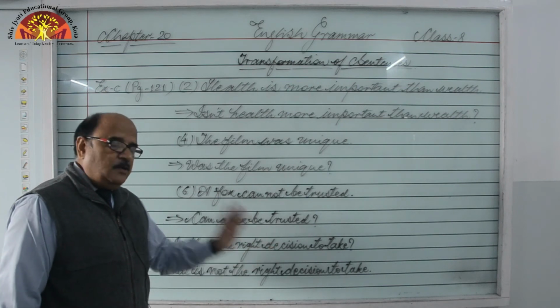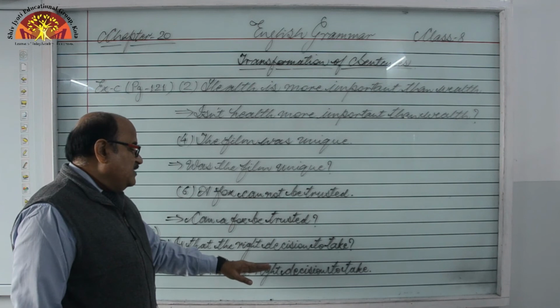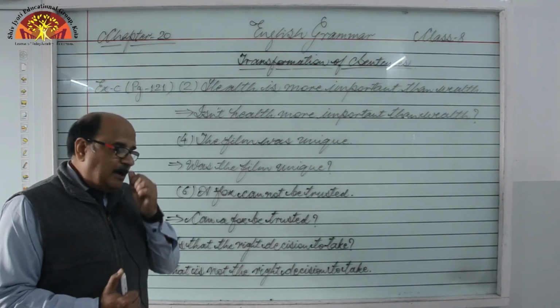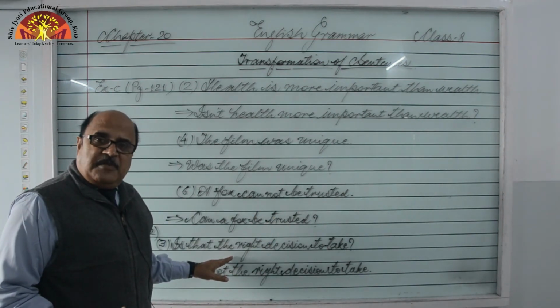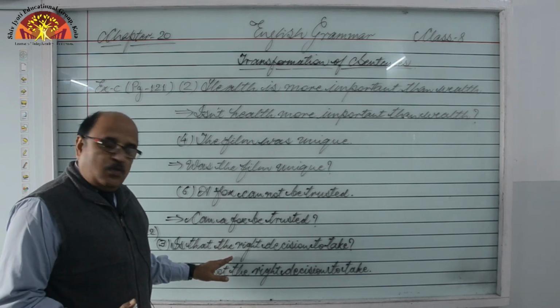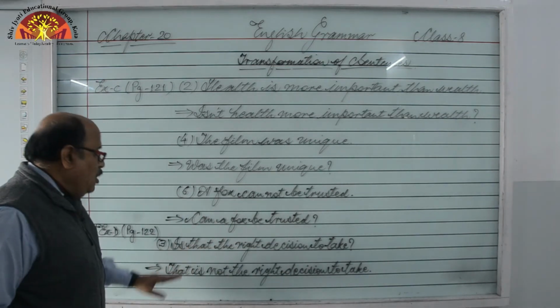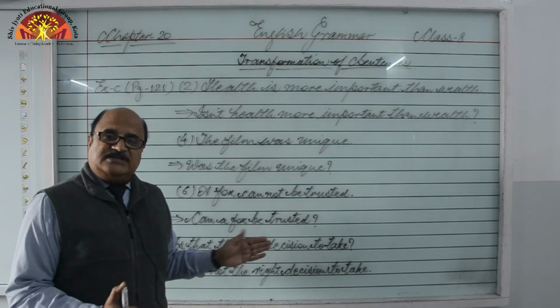This is interrogative, and its assertive will be, that is not the right decision to take, or that is the right decision to take. Assertive means we can change it into either affirmative or negative. It just depends, but that is assertive. In this way this is done.